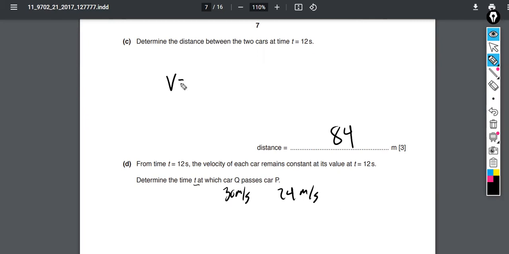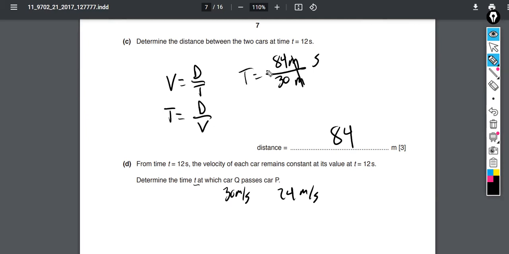Let's say that velocity is distance divided by time. So time is distance divided by velocity. If we take 84 meters divided by 30 meters per second, right?